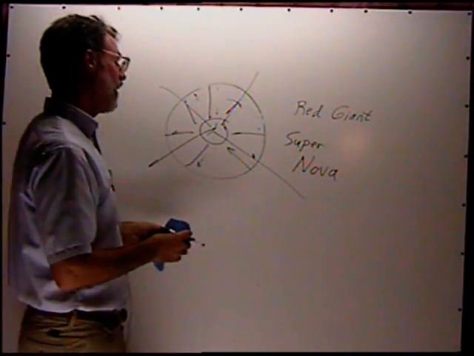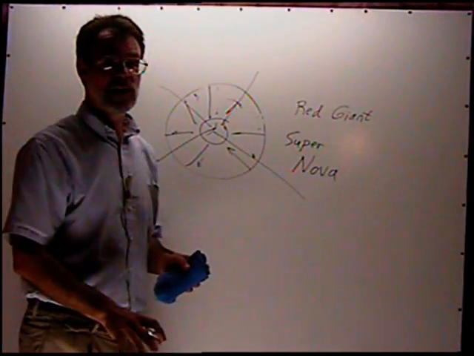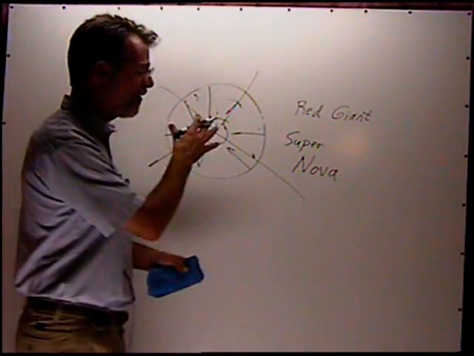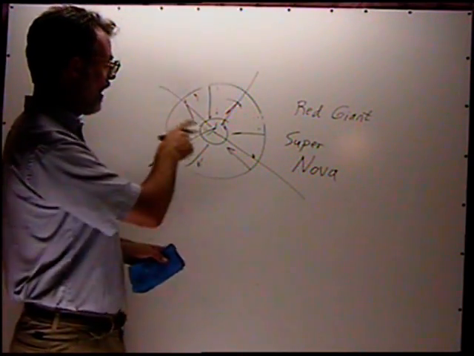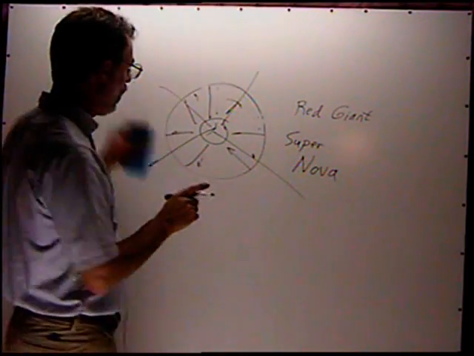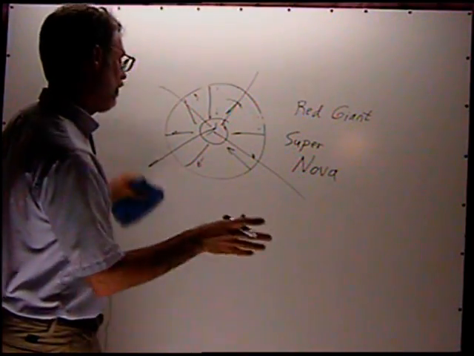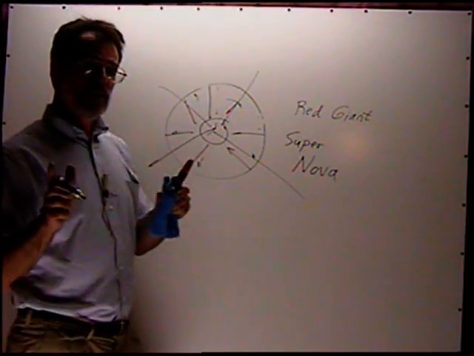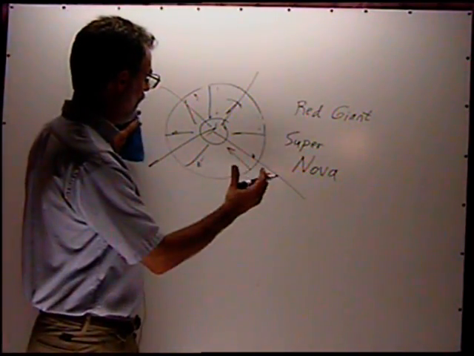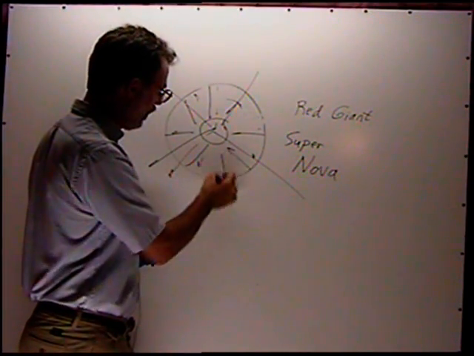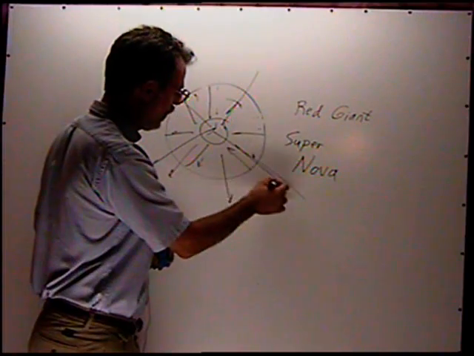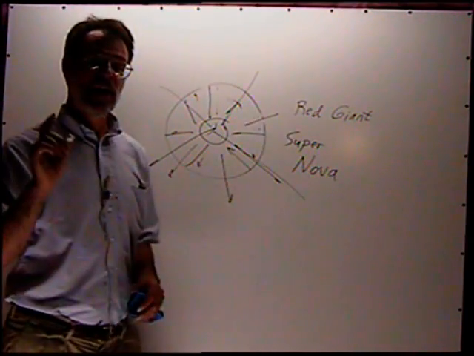Okay? Now, after it explodes, and depending on exactly the nature of this, it's also possible that it doesn't explode. A couple of things could happen. You can have a nova happening where some of this material explodes out, but not all of it.